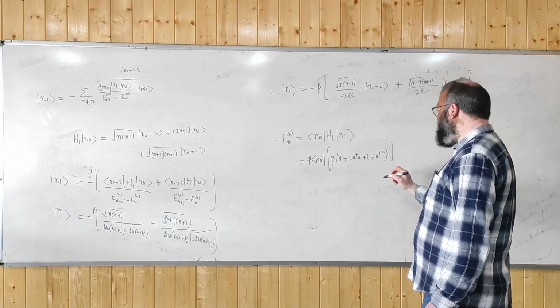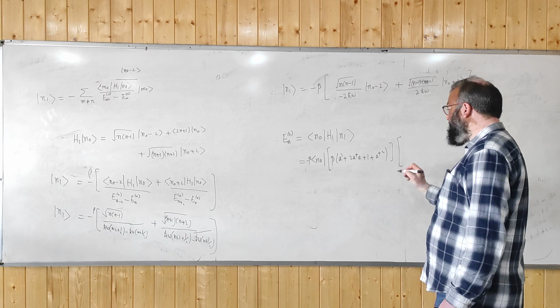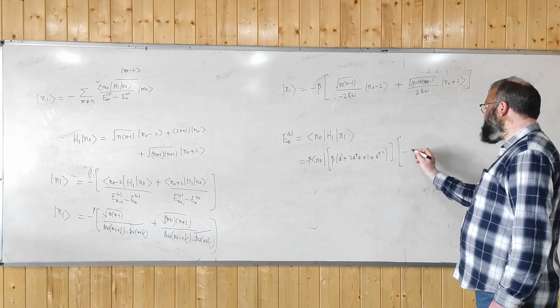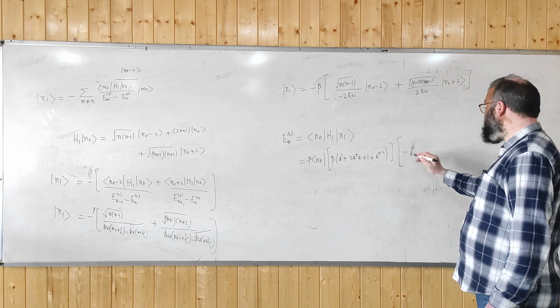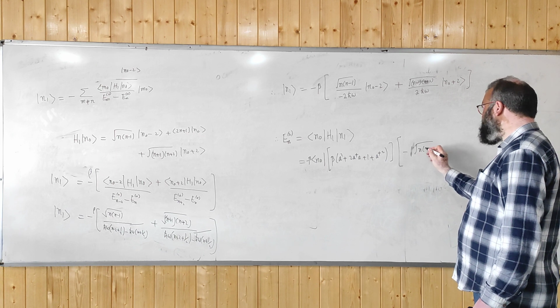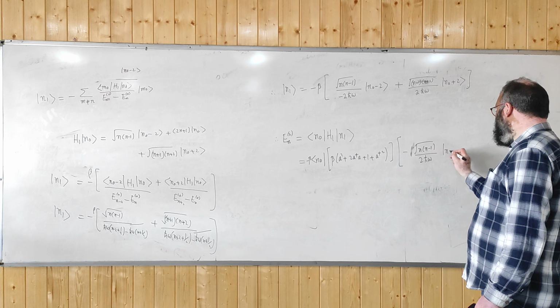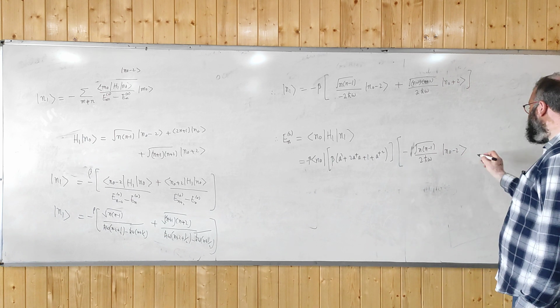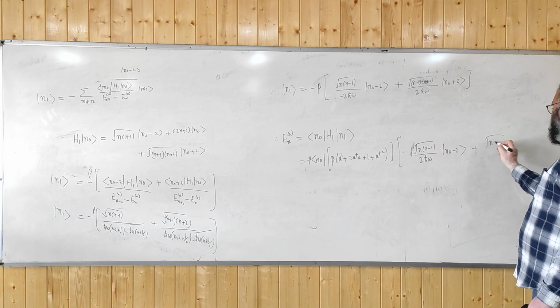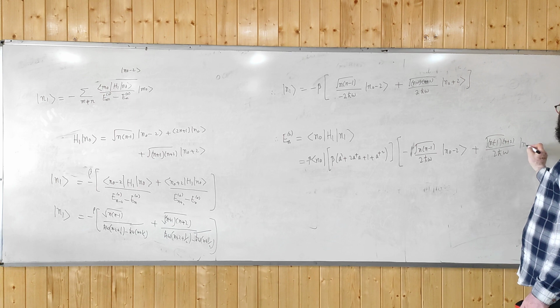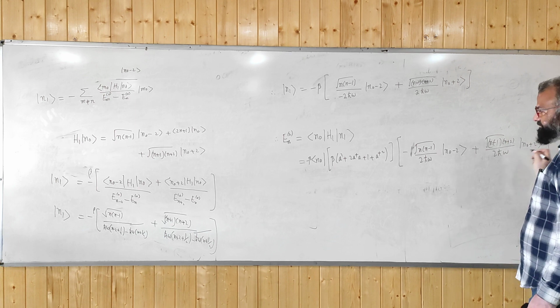So this is your H1. Then you are having n1 like this: minus the root of n into n minus 1 divided by twice h cross omega, n naught minus 2, plus root of (n plus 1) into (n plus 2) divided by twice h cross omega, n naught plus 2.